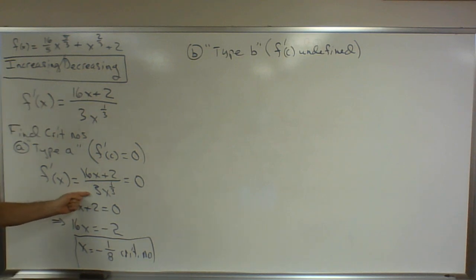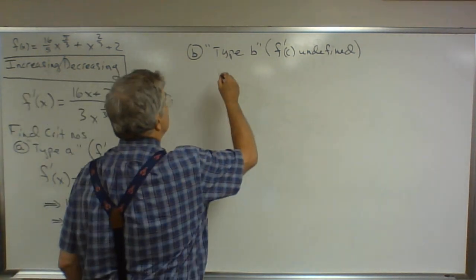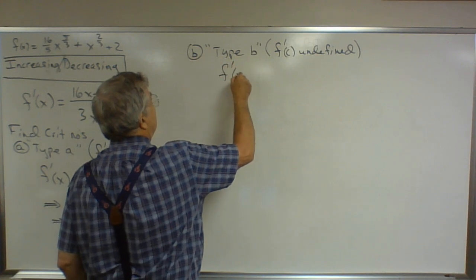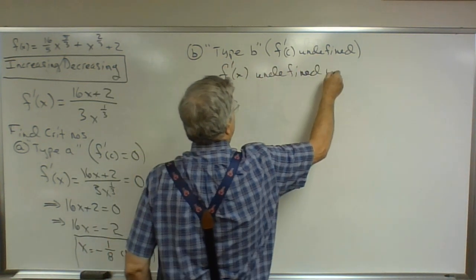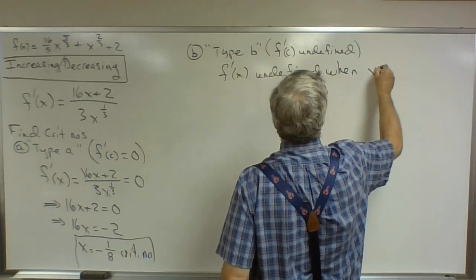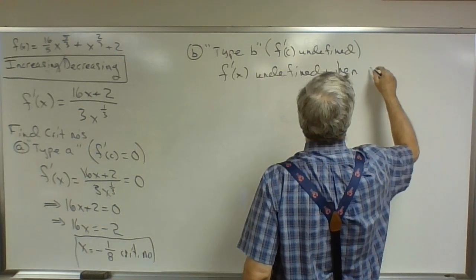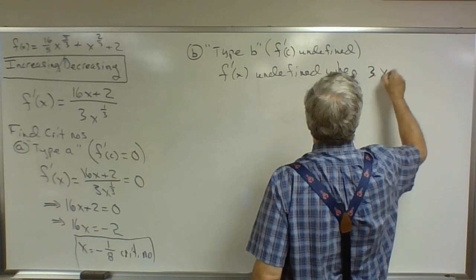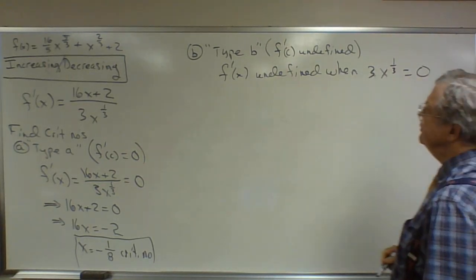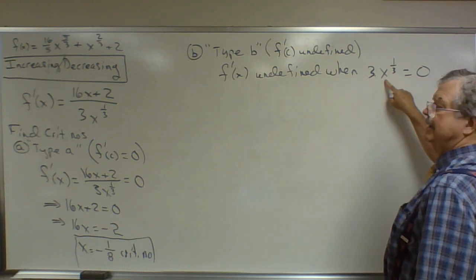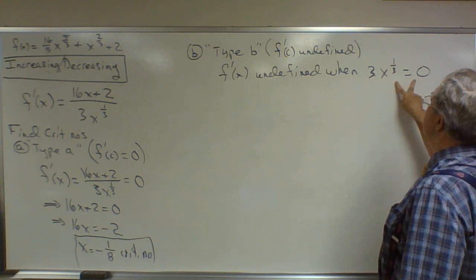Here's our derivative. We're going to have division by 0 when 3x to the 1/3 is 0. Well, let's see. What's the only way that this can happen?